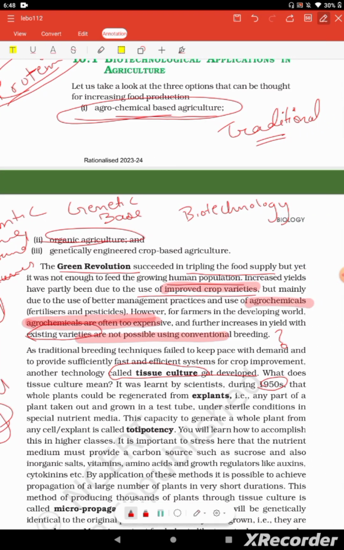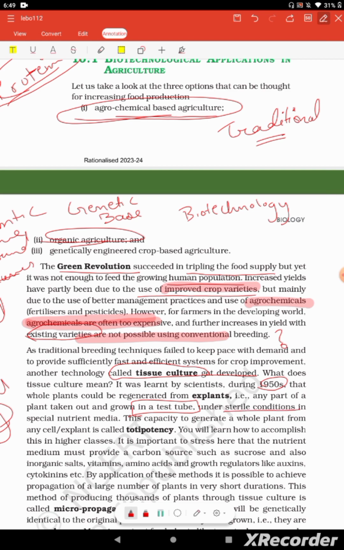So in the 1950s this technology was used for generating a new plant from the older plant, from the explant, and that work is done in test tubes. Basically this is done in a laboratory in test tubes in sterile conditions.